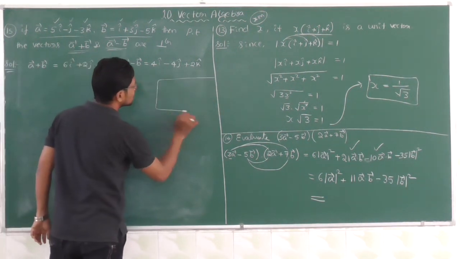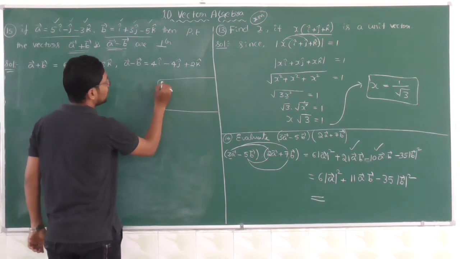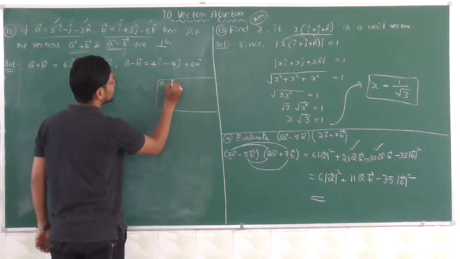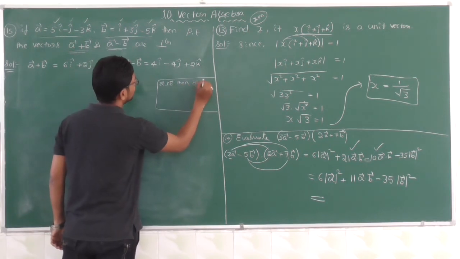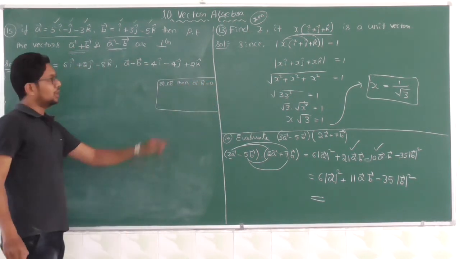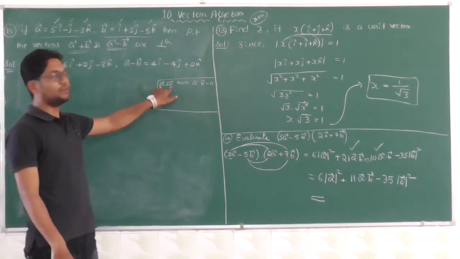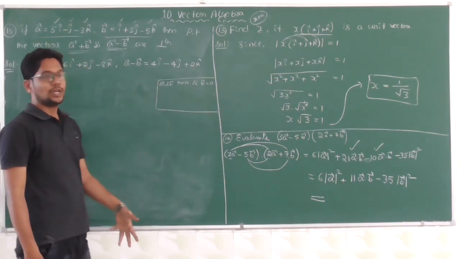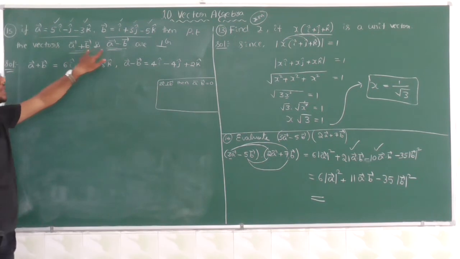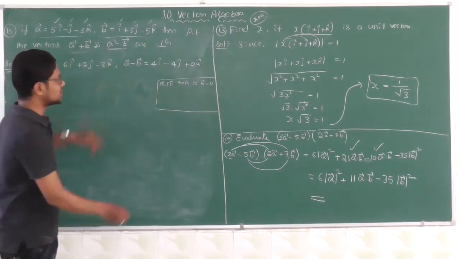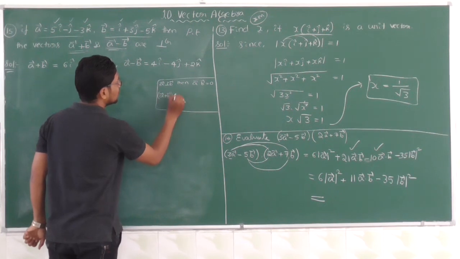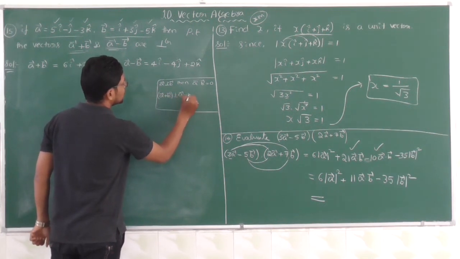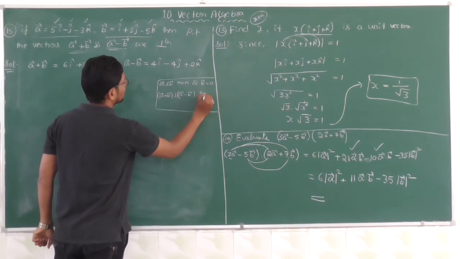In our previous class, I said that if a vector is perpendicular to b vector, then a dot b equals 0. It is the condition for perpendicular. Here, a plus b and a minus b being perpendicular means a plus b vector is perpendicular to a minus b vector.